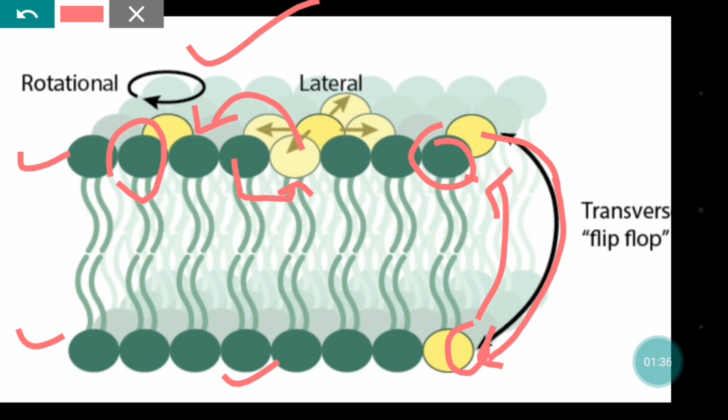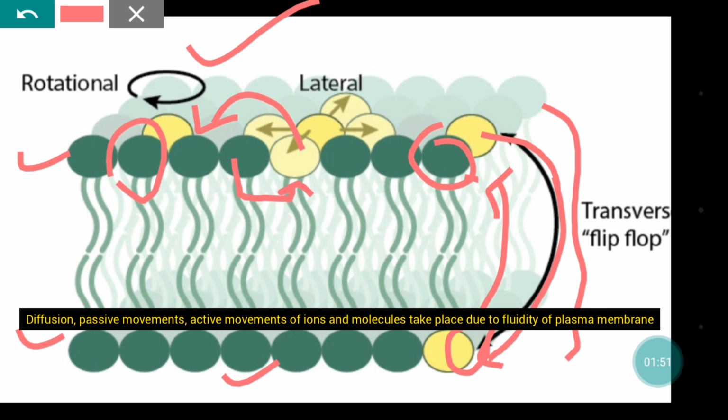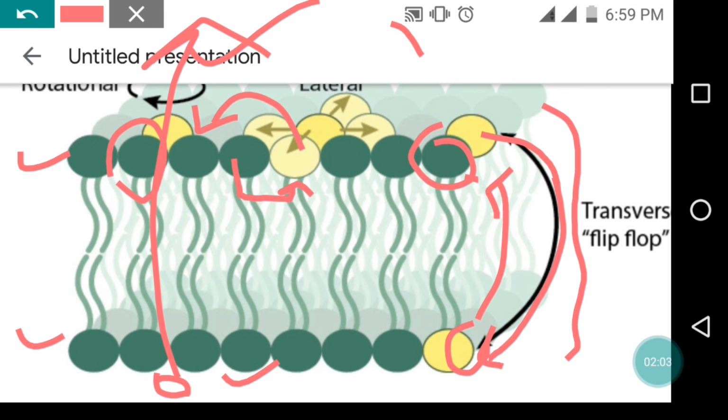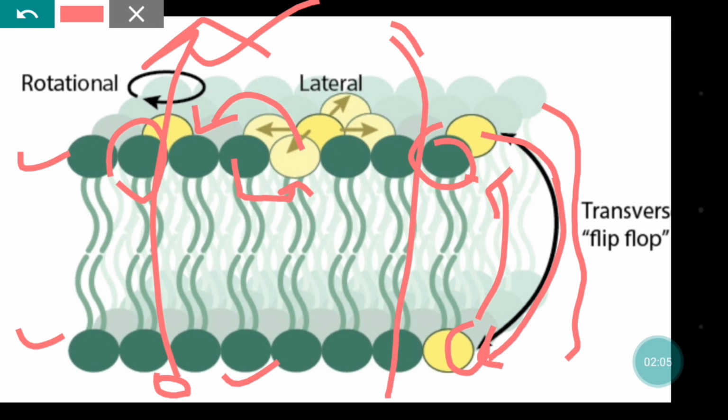Similarly, proteins also show motion, and this is because the membrane shows the property of a fluid. This is essential because many molecules need to be transported from the cytoplasm to outside and from outside the cell to the inside cytoplasm.